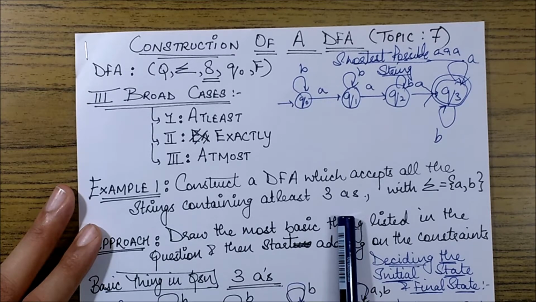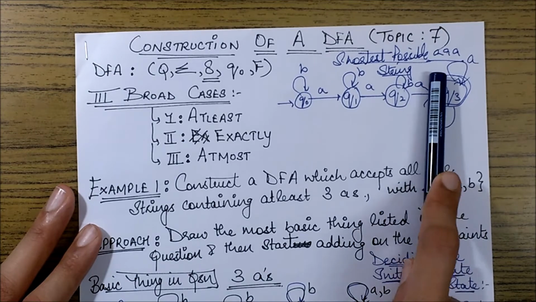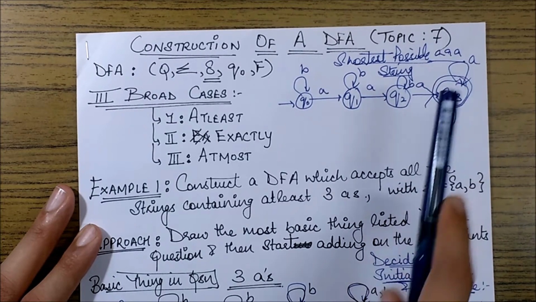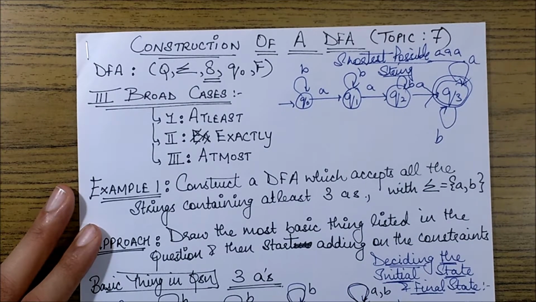That means the shortest possible string is AAA. So I will first try constructing a DFA which accepts AAA as the simplest possible string.